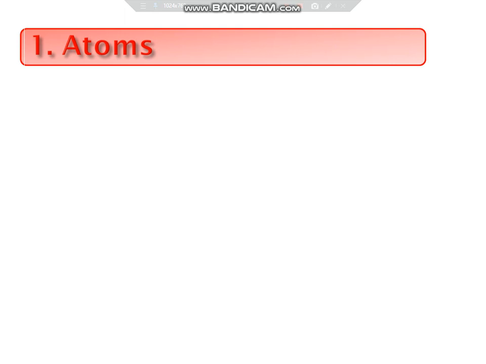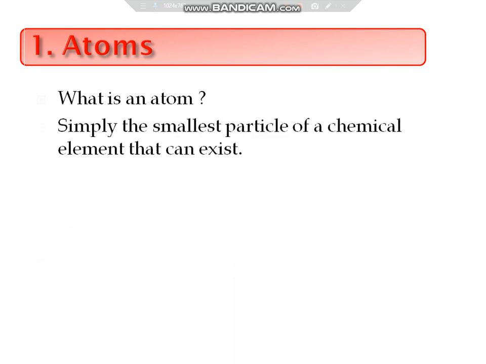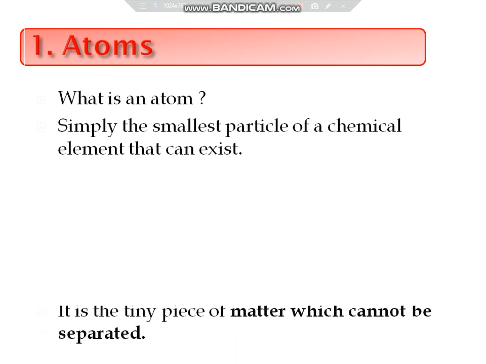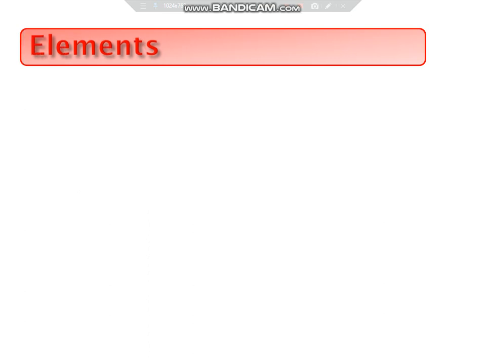So let's talk about atoms simply. What is an atom? Simply the smallest particle of a chemical element that can exist. It is the tiny piece of matter which cannot be separated.